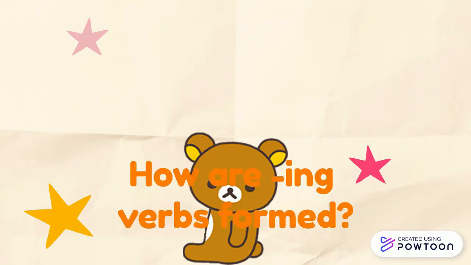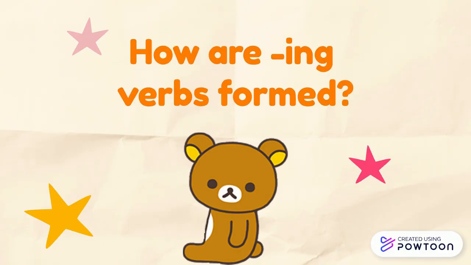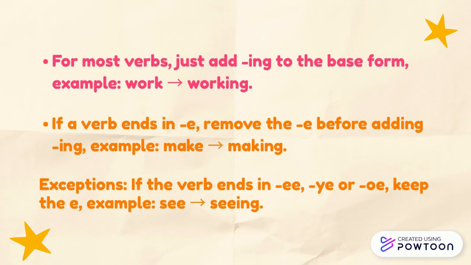But wait, have you ever wondered how to form ing verbs? Luckily, there are only a few basic rules. Rule number 1. For most verbs, simply add ing. For example, work becomes working. Easy enough. Rule number 2.